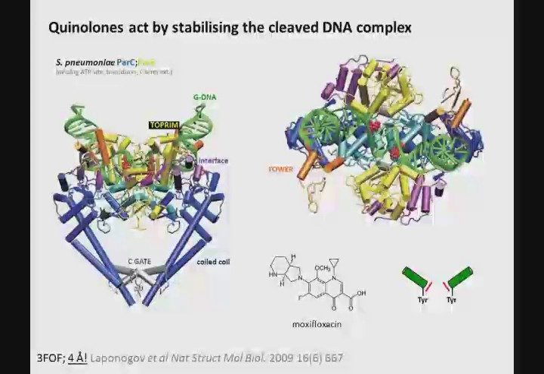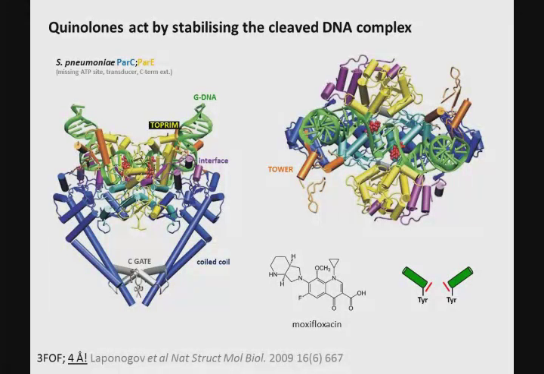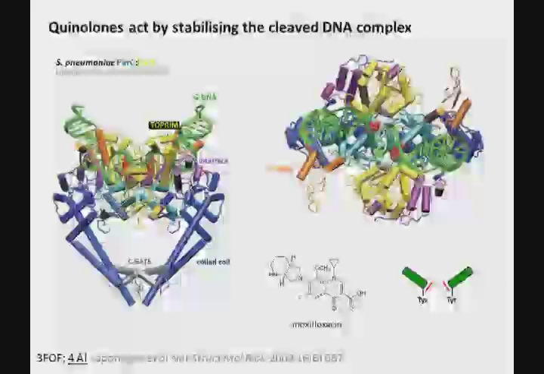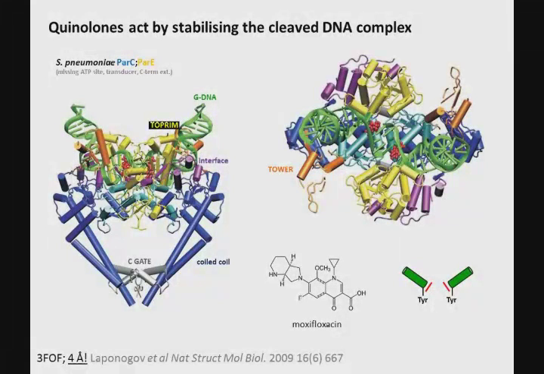And if you look at the detail of this, it kind of makes sense, right? You've got your DNA double helix, and you've got your two breakage points where you've tried to pull it apart, and that's one tyrosine up here, one down here. And at that physical position of breakage where you've got space, the fluoroquinolone stacks and fills the hole.